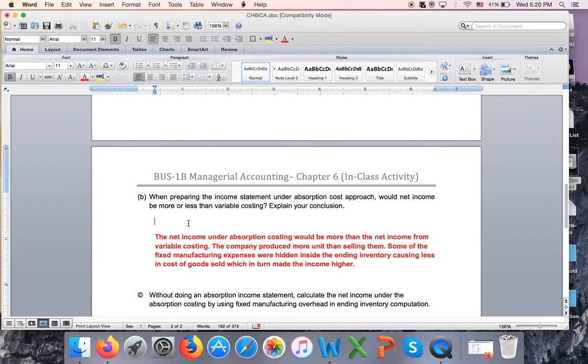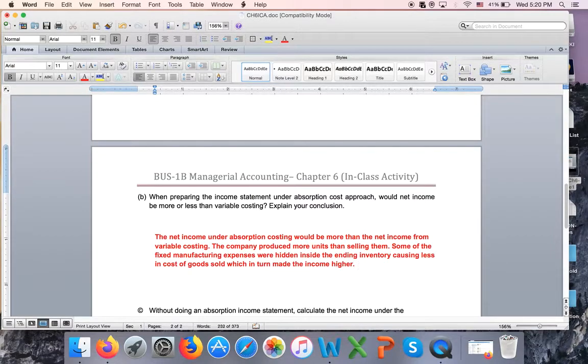This is our scenario. The net income under absorption costing would be more than the net income from variable costing. The company produced more units than it sold. Some of the fixed manufacturing expenses were hidden inside the ending inventory, causing less in cost of goods sold, which in turn made the income higher.